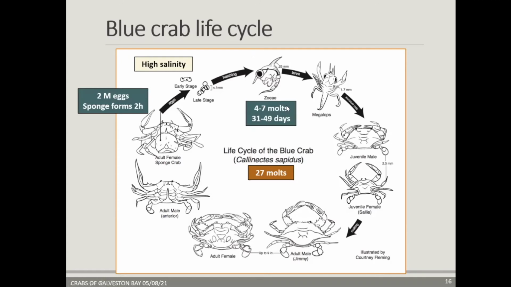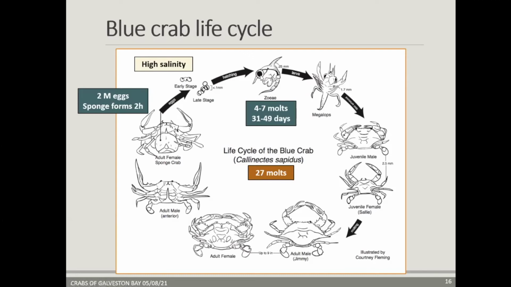So in these 4 to 7 molts, they will end up being in the megalops stage. And the megalops stage is less than 2 millimeters, still very tiny, but you can see it looks more like a crab now and less like just some little zooplankton. This actually is part of the zooplankton here. The megalops is also part of the zooplankton.